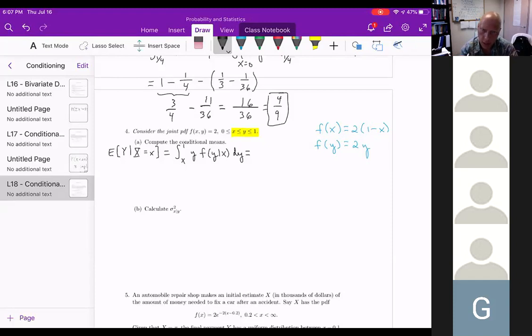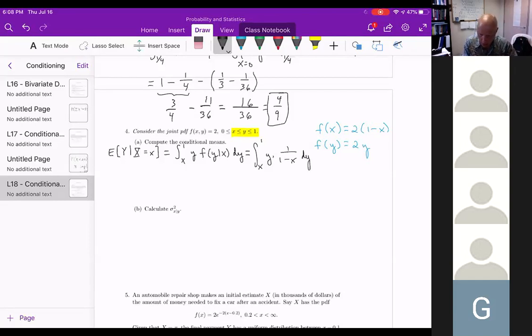So here we're conditioning on x, which means you want to divide 2 by 2 times 1 minus x, the marginal distribution of x. And so you should get 2 over 2 times 1 minus x, so 1 over 1 minus x.